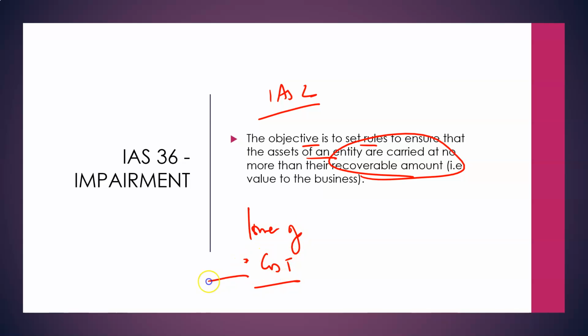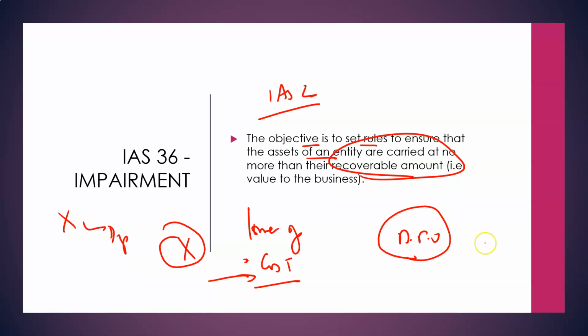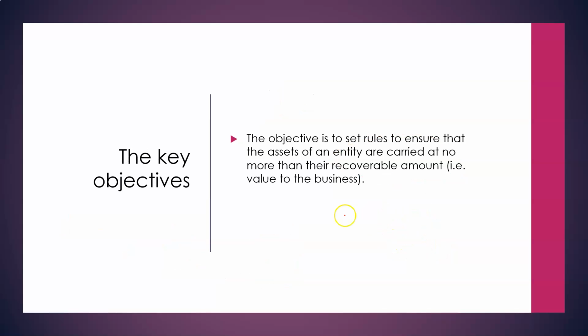And when I say cost, this is what we're currently carrying: initial recognition at cost, then we're depreciating, and we have a net book value. Technically it would be its net realizable value, but really we're now bringing in a third factor to judge and find out what the recoverable amount is.